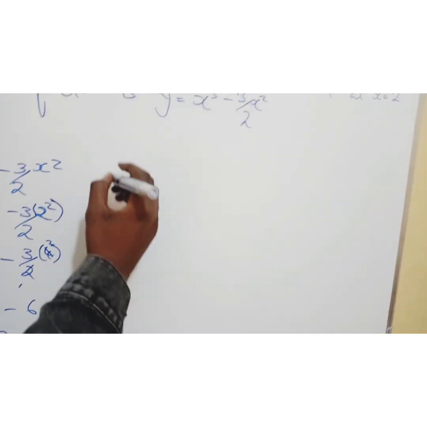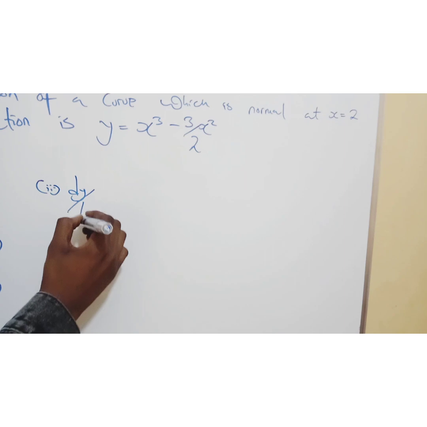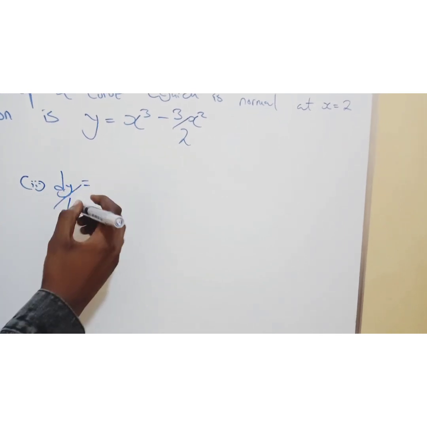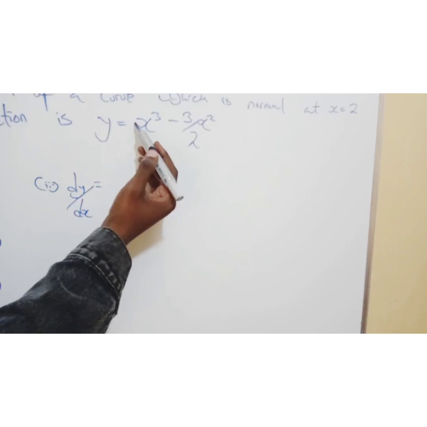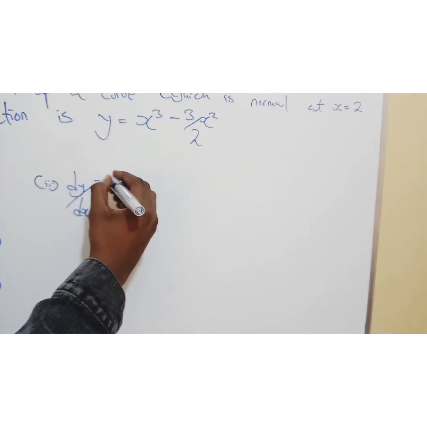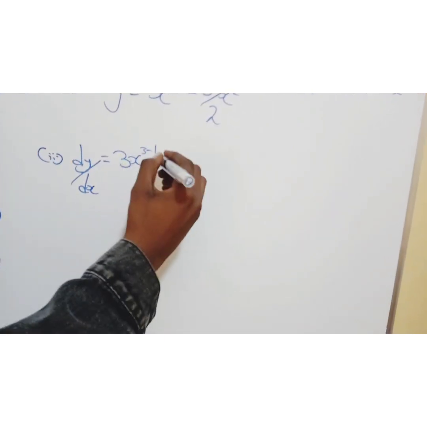So second step, find dy/dx. dy/dx is equals to, check this. This is x to the power 3. We learned that this 3 must multiply the constant here, which is 1. So it becomes 3x to the power 3 minus 1. Remember, we subtract.